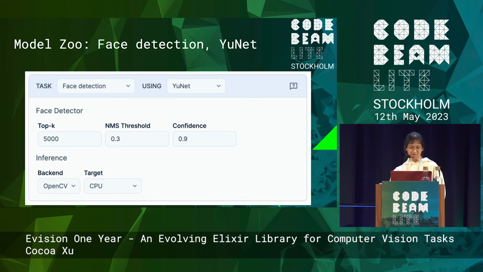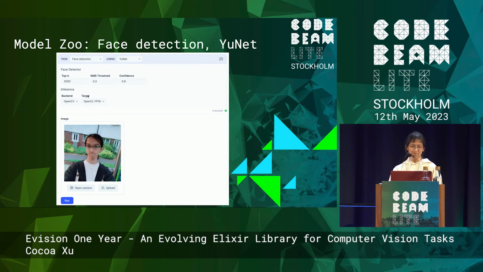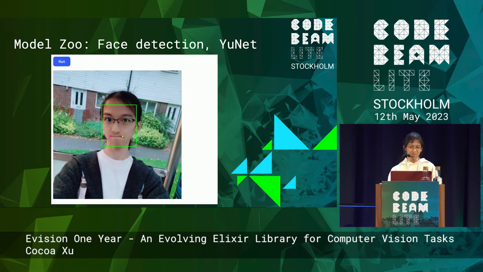So for example, if I set this using OpenCL FP16, then I can upload an image using the CUDA widget, or you can open your camera and take a picture of yourself, and then you can run this model. It will give you those 5 key points of your face or someone's face.